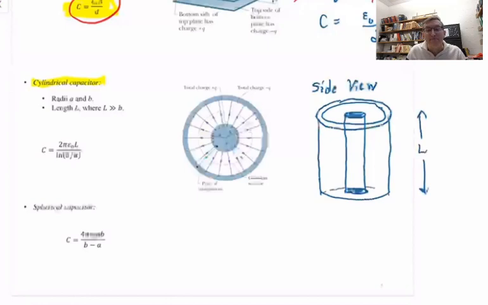Okay? And here's the central axis going down the middle. The radius of the inner cylinder is denoted A. Let's make sure the program can catch up with me. There it is.